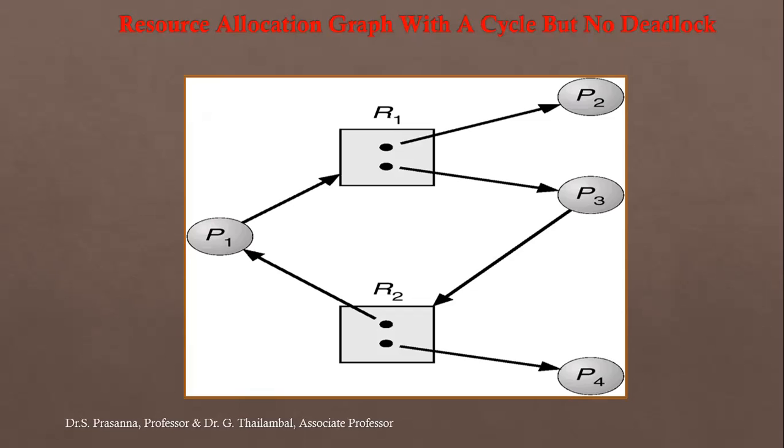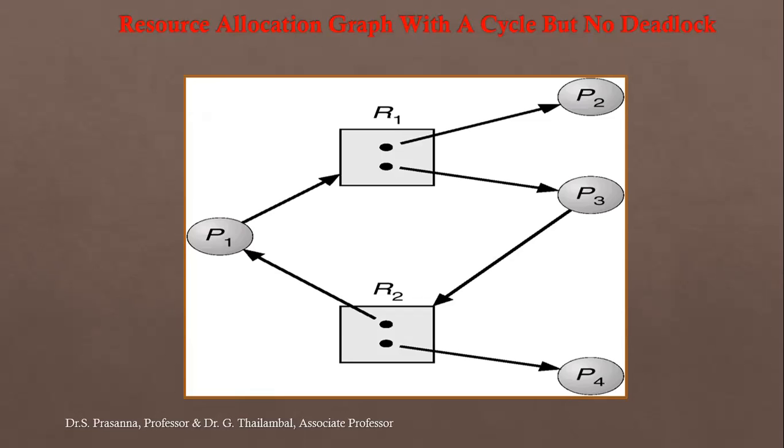Here the process P1 requests resource R1 and it holds the resource R2. P3 requires the resource R2, which is held by both P1 and P4. But P4 doesn't make any request.